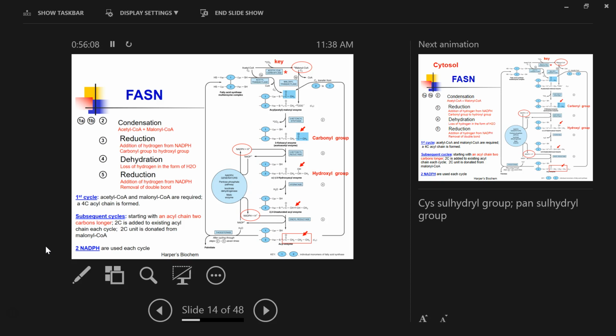So this carboxyl group is lost as CO2, released, and the acetyl group is transferred from the cysteine SH to this malonyl-CoA molecule at the pantetheine SH.